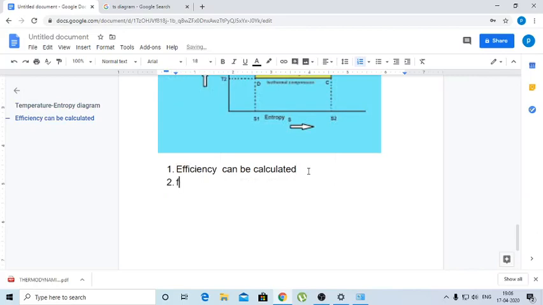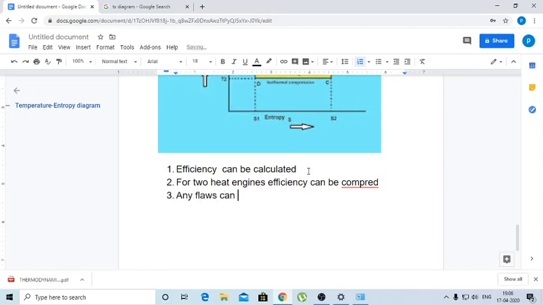Second one is, for two heat engines, the efficiency can be compared. And next one is, if any drawbacks or flaws are there, they can be identified using the temperature entropy diagram.